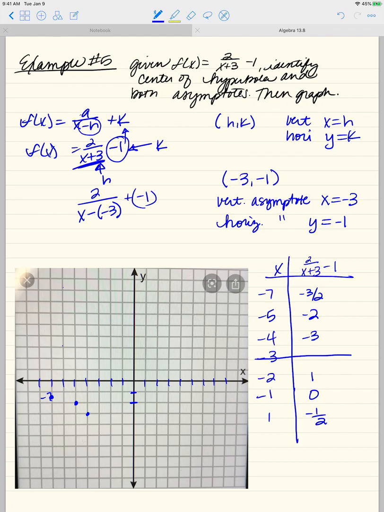Negative 2, and then I'm going to go up to 1, okay? And then I have negative 1 and 0 and 1 and negative 1/2, okay? So you can see what's happening here. And let me go ahead and pop that center on here as well. 1, 2, 3. So here's the center.